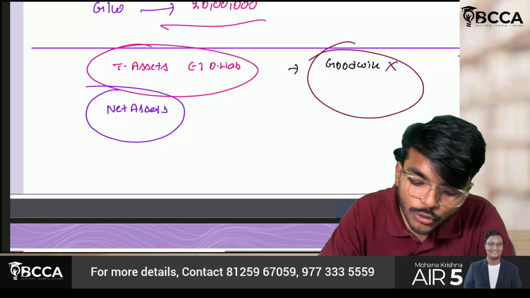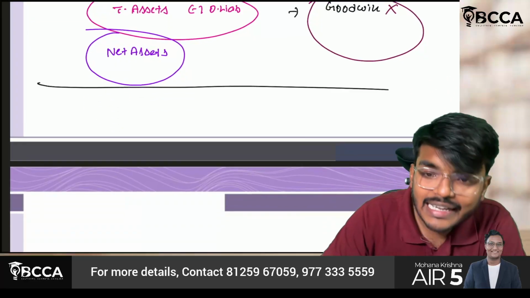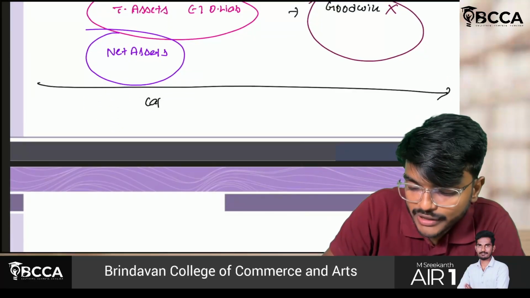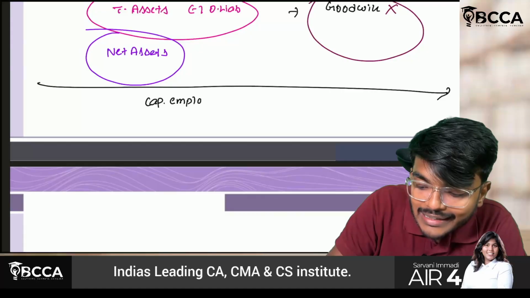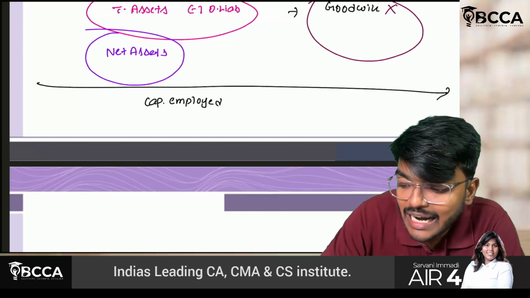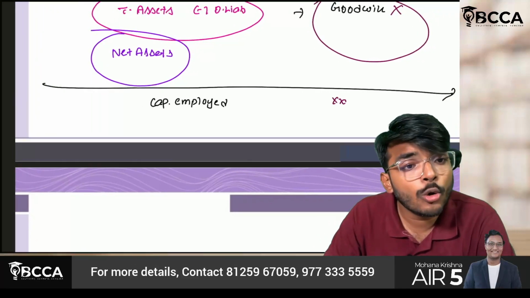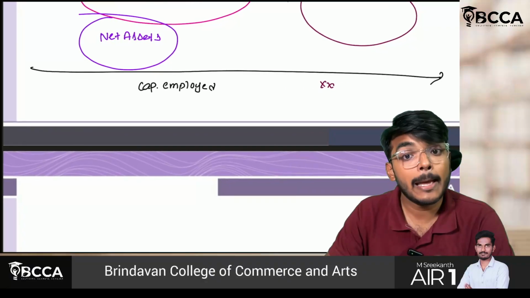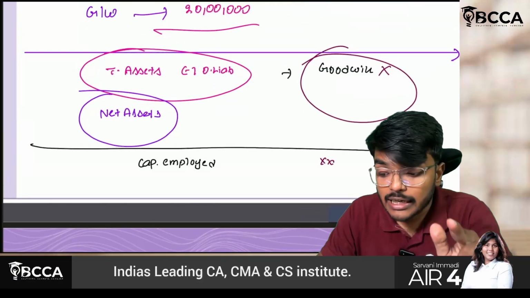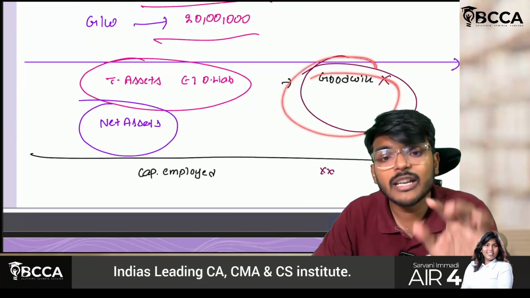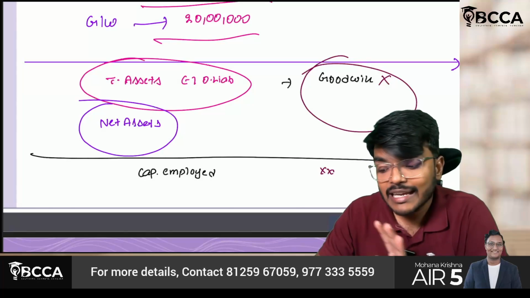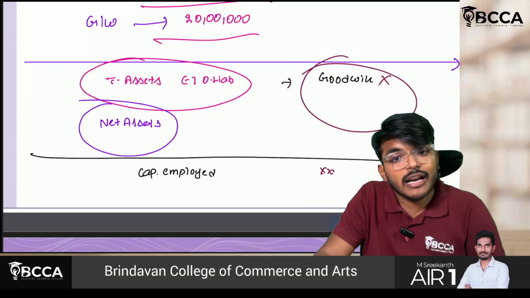So what you can use here is, sir, I can directly start with capital employed. In my net assets calculation, I will be directly starting with my capital employed only as a basis. But just now I have said, sir, goodwill valuation is very important. Sir, but we will not take the value of goodwill which they have given in the books of accounts.